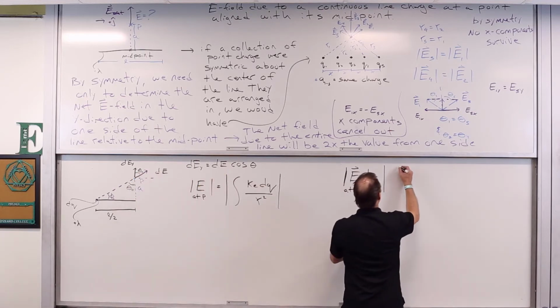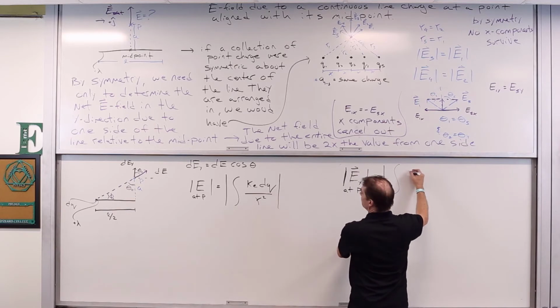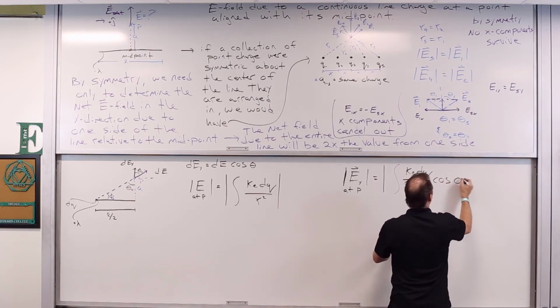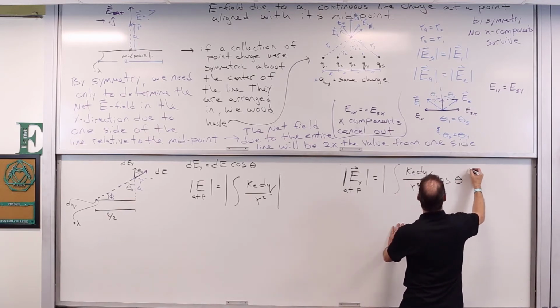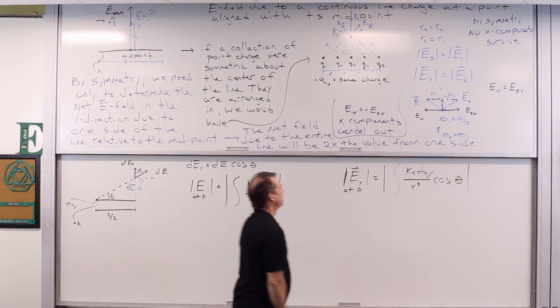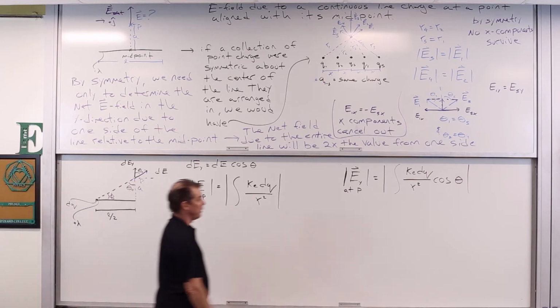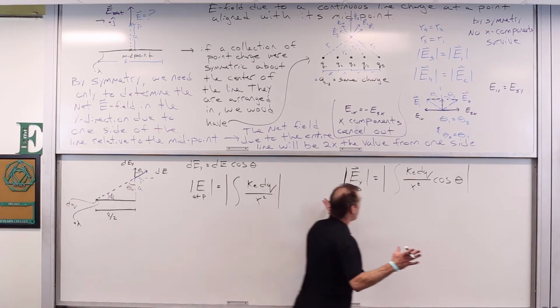So we now have the integral of k sub e dq over r squared times the cosine of theta. That's what we're calling that one. Yes, cosine of theta. Boom. So we're on our way to start to set things up, extracting out just the y component with this cosine theta.